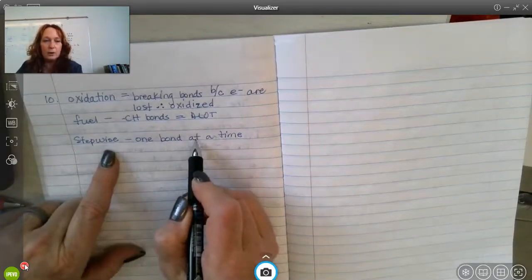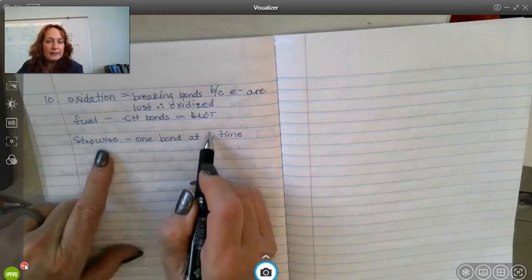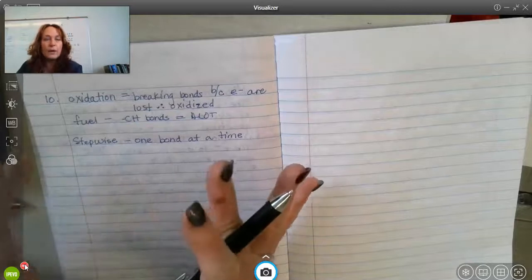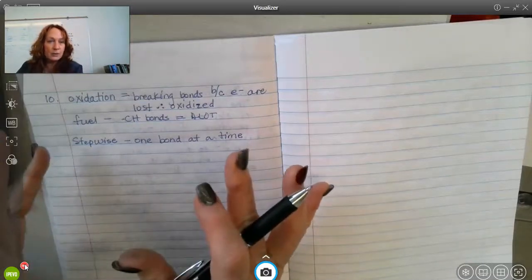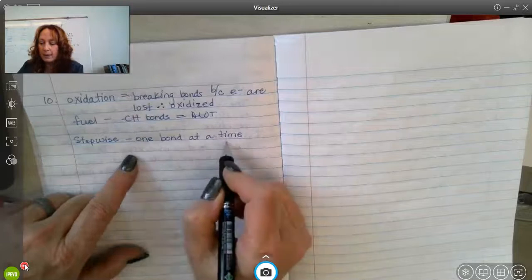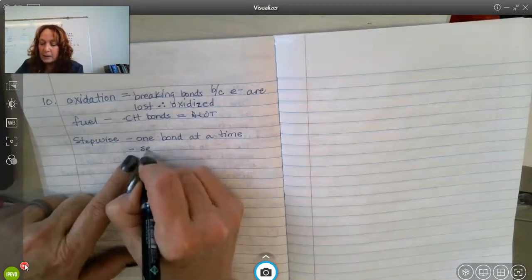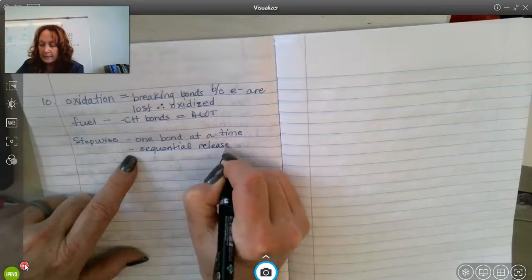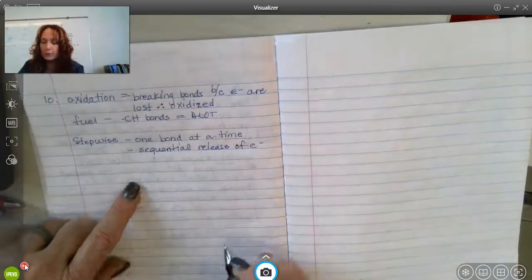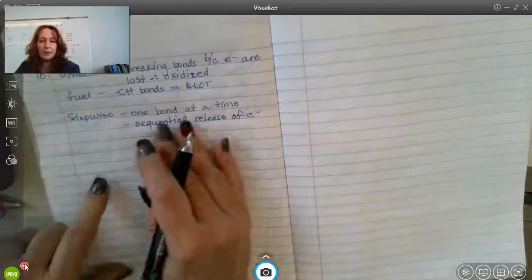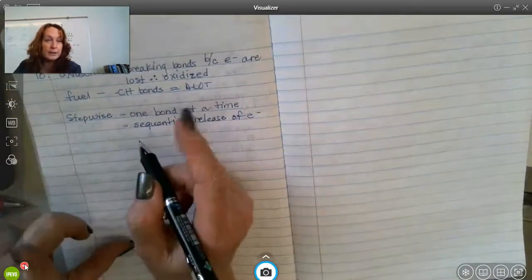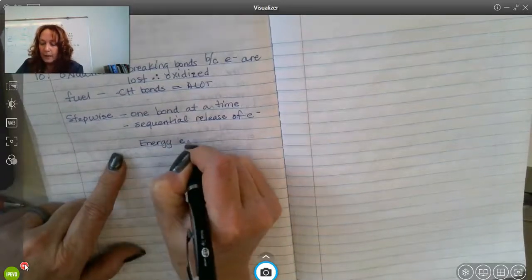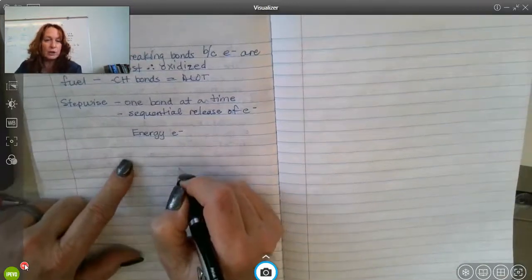It's the same thing here. When you break these one bond at a time, you have a sequential release of electrons instead of overrunning the system with all these electrons at one time. So one bond at a time means that you have this sequential release, loss of electrons. So at that point, here's what you're doing. You have two choices. You've got energy in the form of a high energy electron.